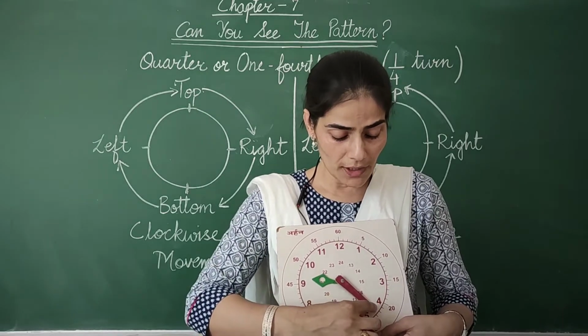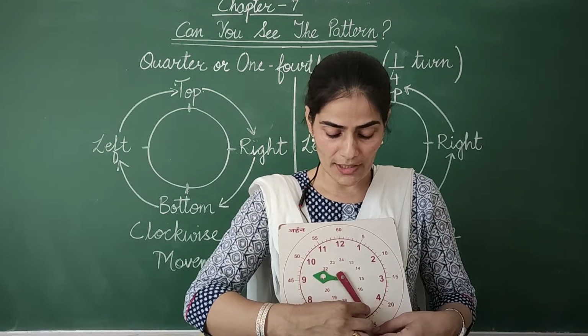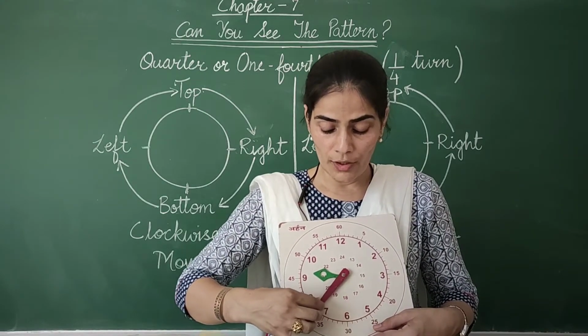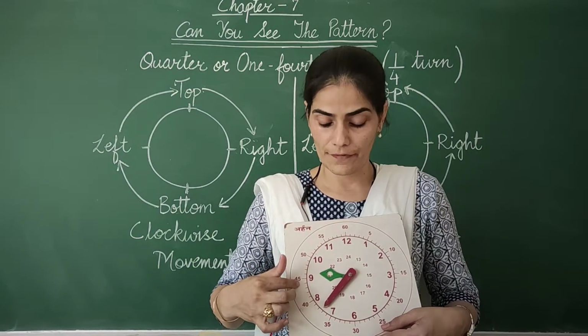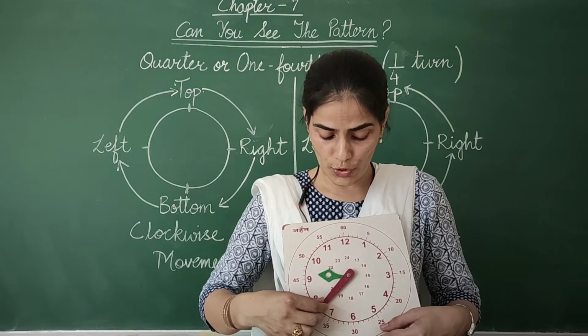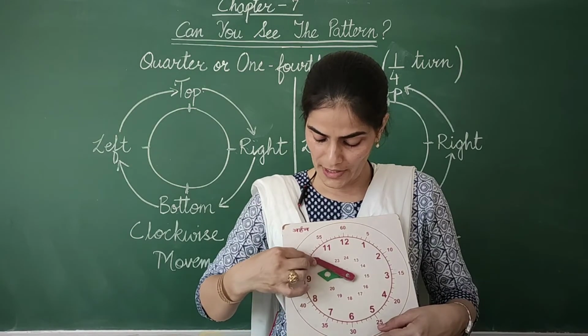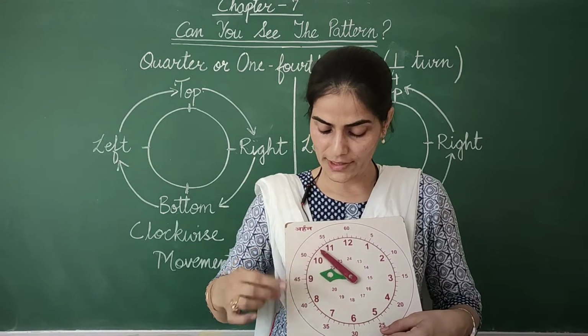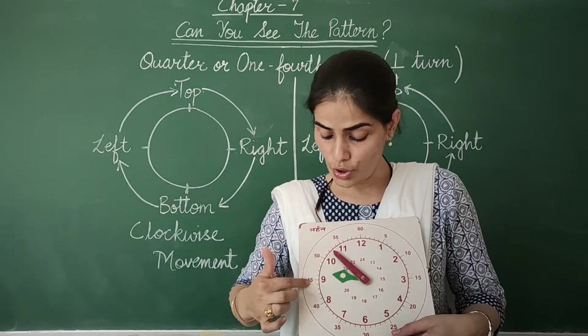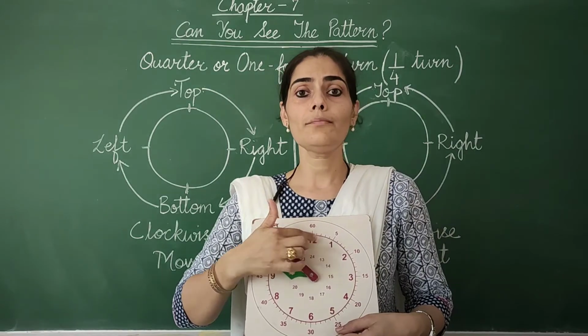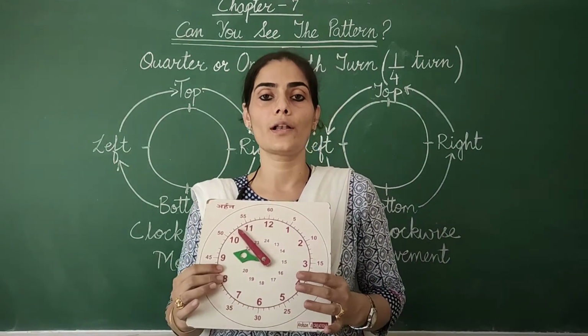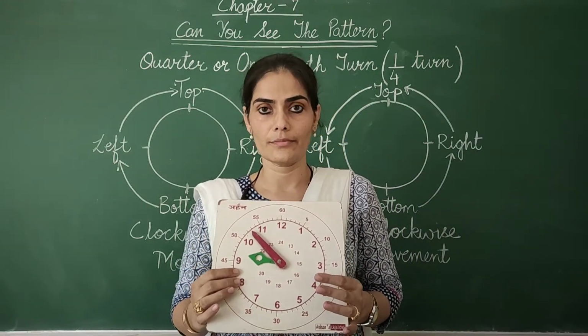Now again, if we give it a quarter turn clockwise, it will point exactly between bottom and left. Now again, if you give it a quarter turn clockwise, where will it point? It will point exactly between your left and top. So let me make this more clear with the help of a diagram.